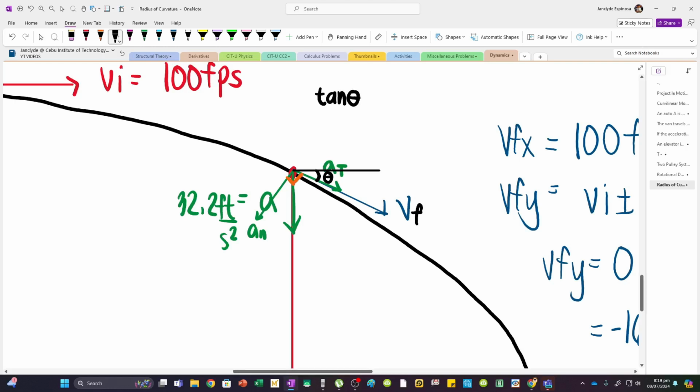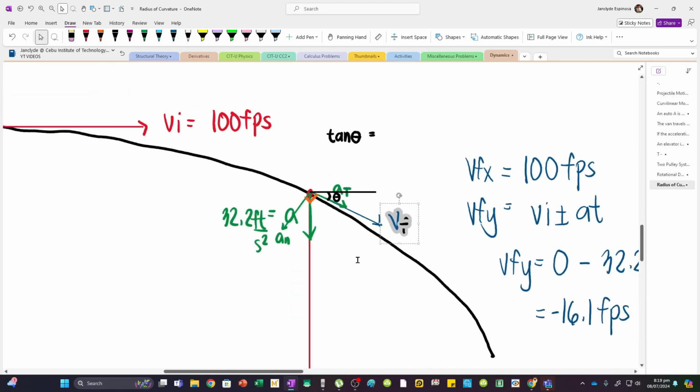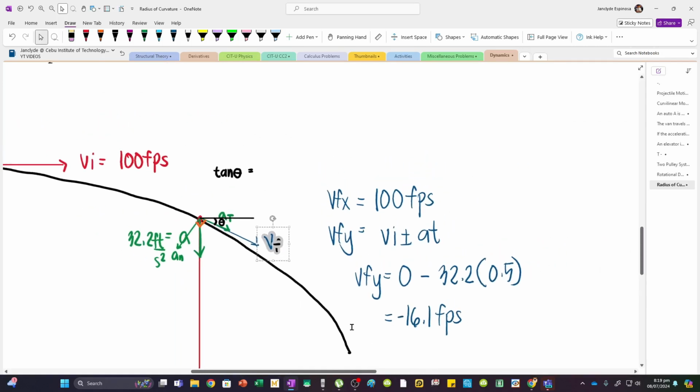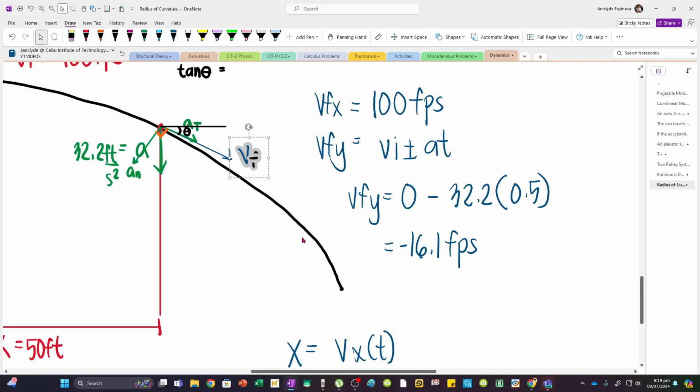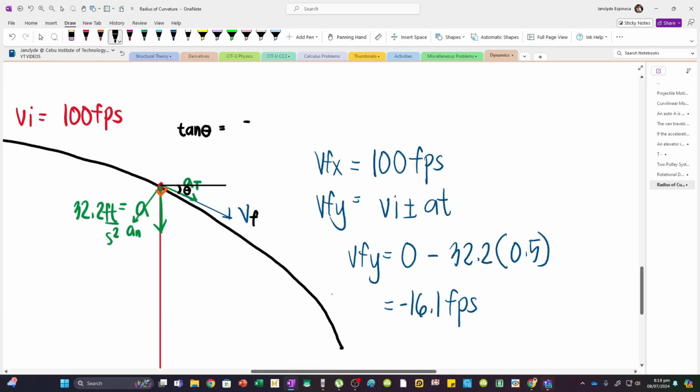tangent of theta, and let's say this is VFX and this is VFY. So the opposite side is VFY, and the adjacent side is VFX. Again, this is the component of the final velocity. Now, VFY is equal to minus 16.1, and VFX is 100.